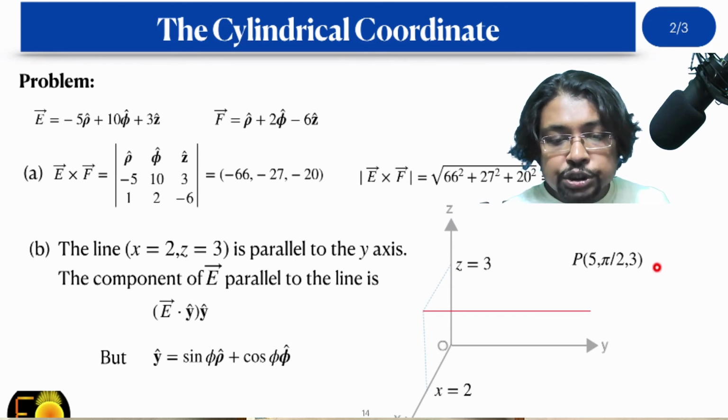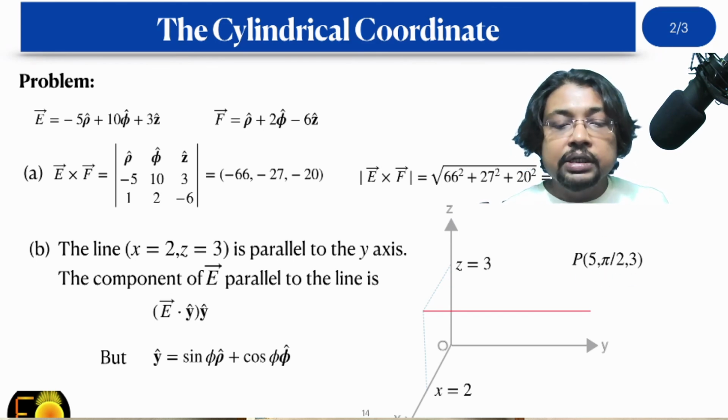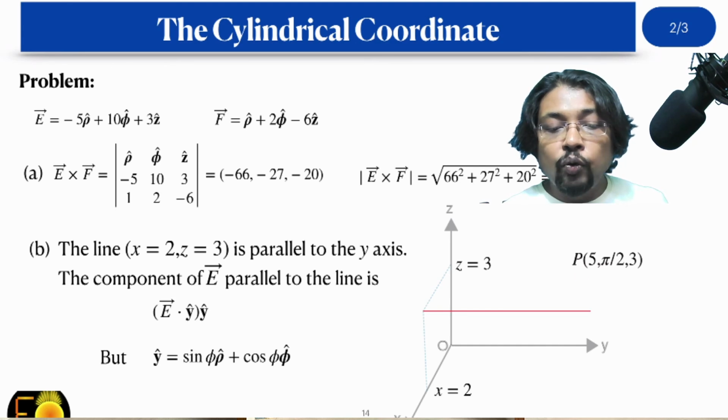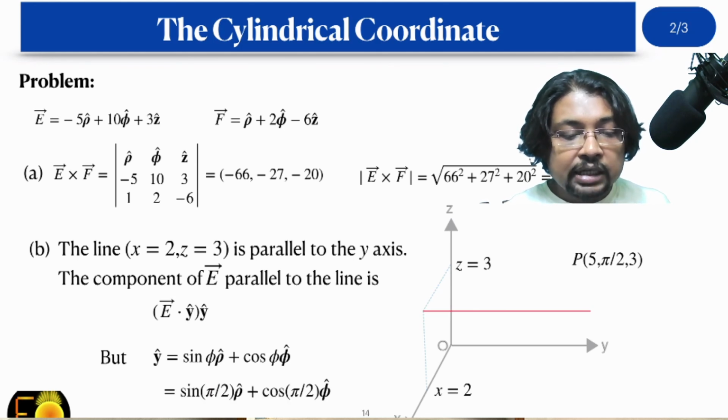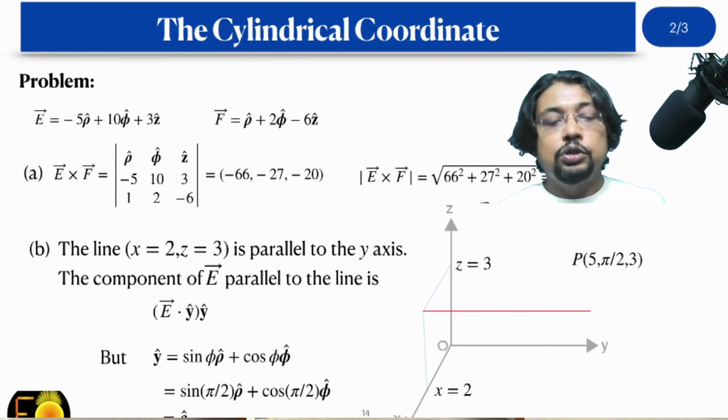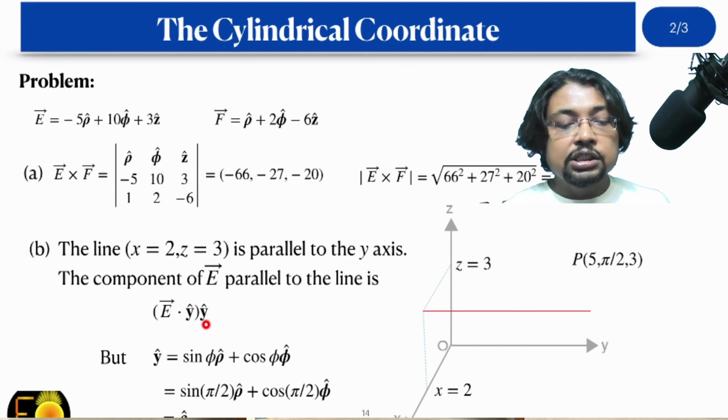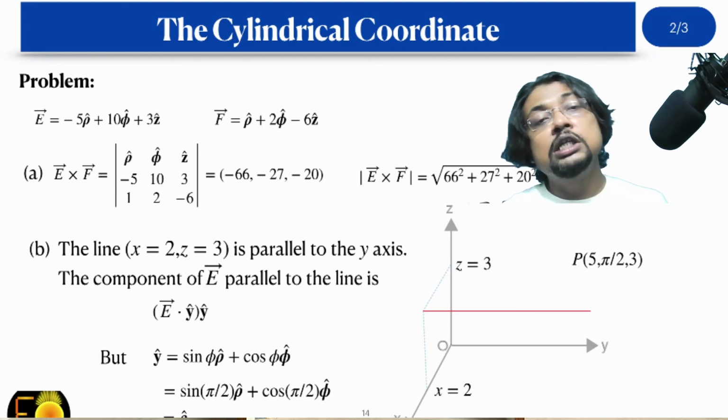As per the question, the point we need to calculate at is point P, where phi is defined as pi by 2. So just replace phi with pi by 2 in this place, and you will get sin pi by 2 and cos pi by 2. Obviously this part will be 0, and y cap will be equal to rho cap. So right now this Cartesian unit vector is converted into the cylindrical unit vector.